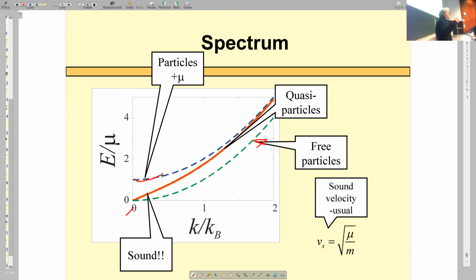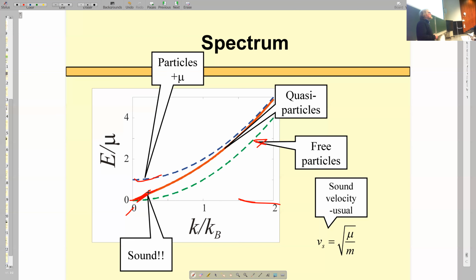And if we look at sufficiently big k, our answer makes sense. It looks parabolic. And if we also add this chemical potential, it's almost a perfect match. But there's also another limit, the limit of small k. And we see that the energy is linear in k. What does it signal?